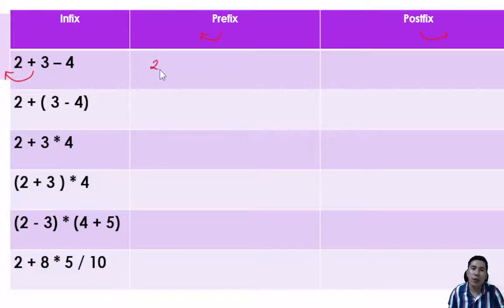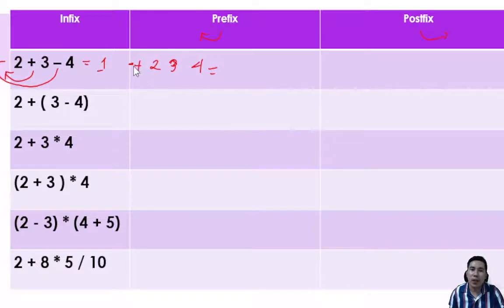We have 2, 3, 3 plus, and then you have here 4 minus. So minus 2, 3 plus 4, which, if you evaluate this one, 2 plus 3 is 5, minus 4 is actually 1.